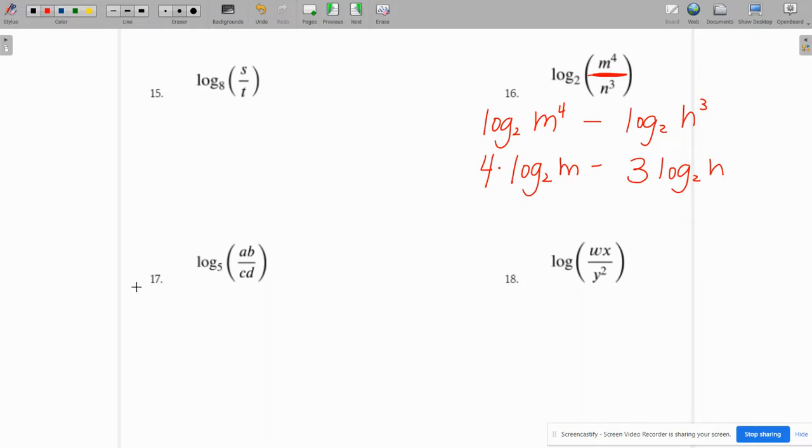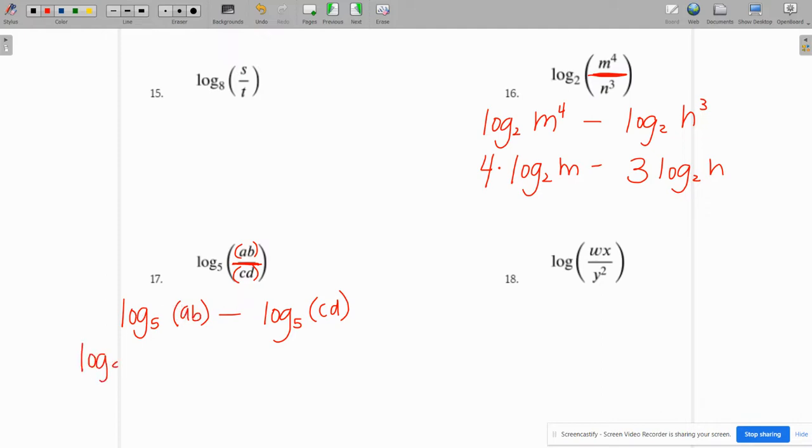Let's try a couple more. 17. I could see that this would be log base 5 of the product AB, because you can always think of in a fraction that there's like parentheses around the numerator and parentheses around the denominator. So we're going to deal with the division first and make these a subtraction problem. So log base 5 of the product CD. And then now we can think of log base 5 of a product AB.